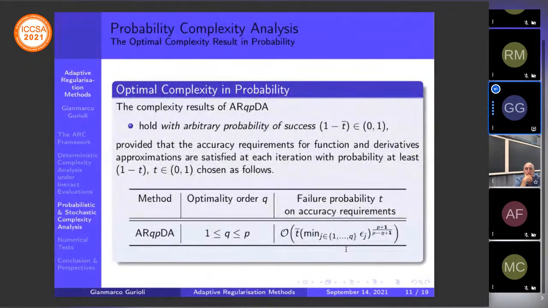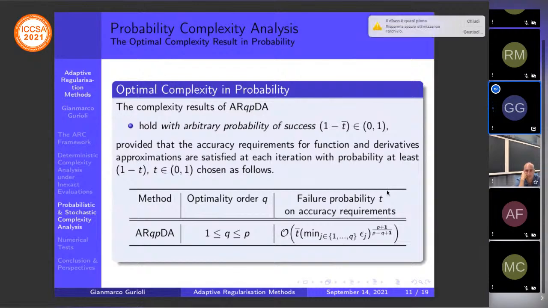As a result, the optimal complexity theorem holds in probability, with probability of success at least 1 minus t bar, arbitrarily chosen in the interval (0, 1), providing that the failure probability t for function and derivatives approximations is properly chosen.